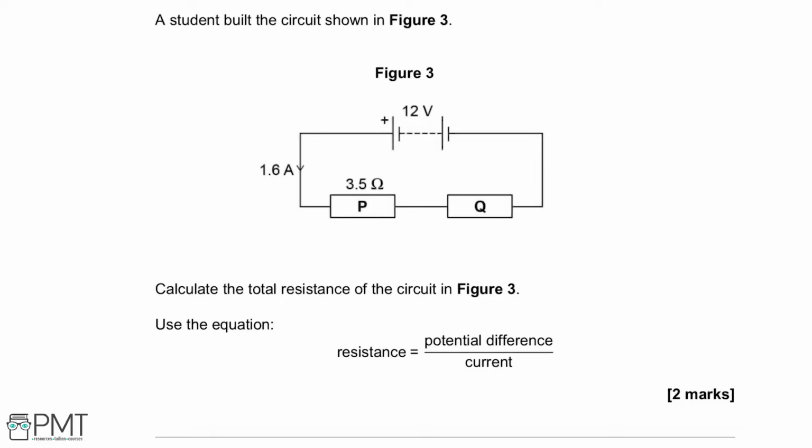And the way you know that it's in parallel is if we took out this one here, we can see that the rest of the circuit is still a complete circuit, and the circuit would still work. It just wouldn't have one of its resistors in it anymore.